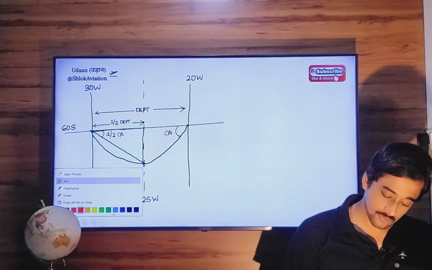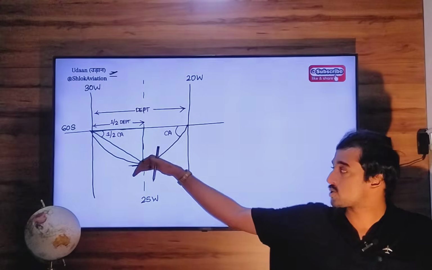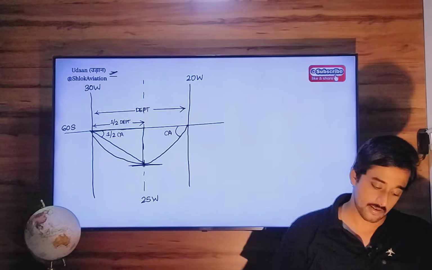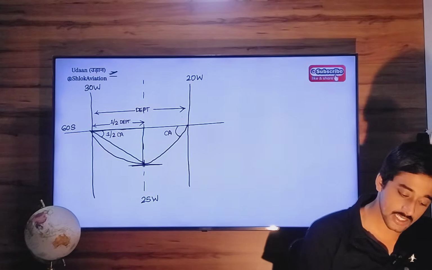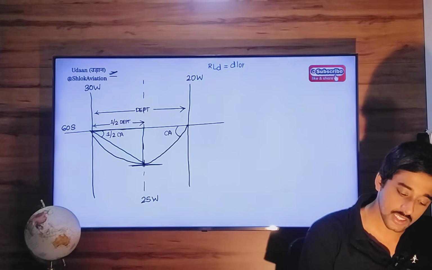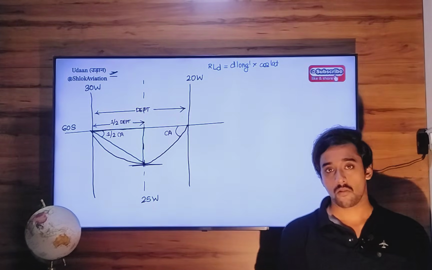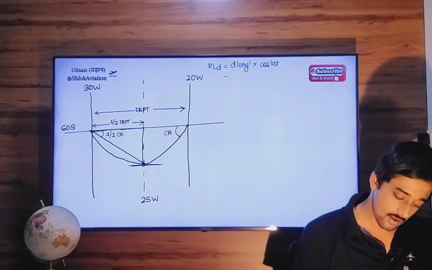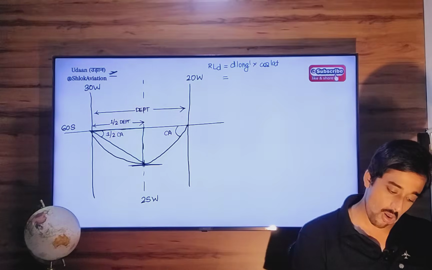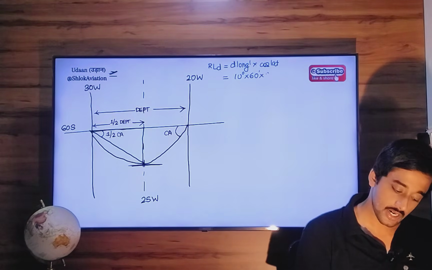We have to find this particular latitude. We know this latitude is 60 south, so this latitude will be more than 60 south, going in the south direction. Now departure is d long in minutes into cos of lat. So d long 10 degrees into 60 minutes into cos 60.